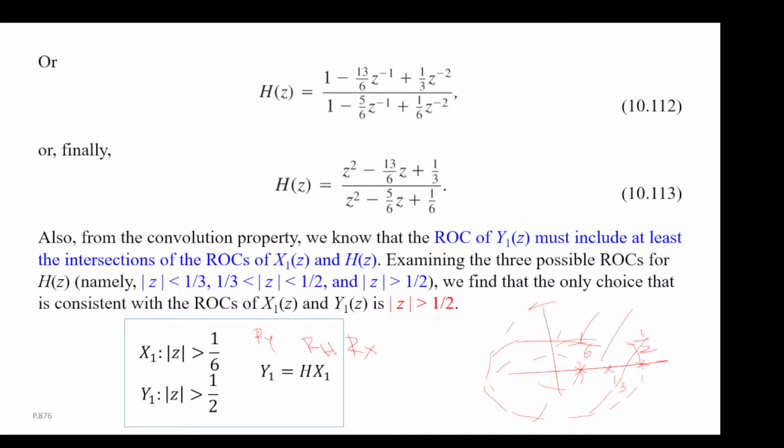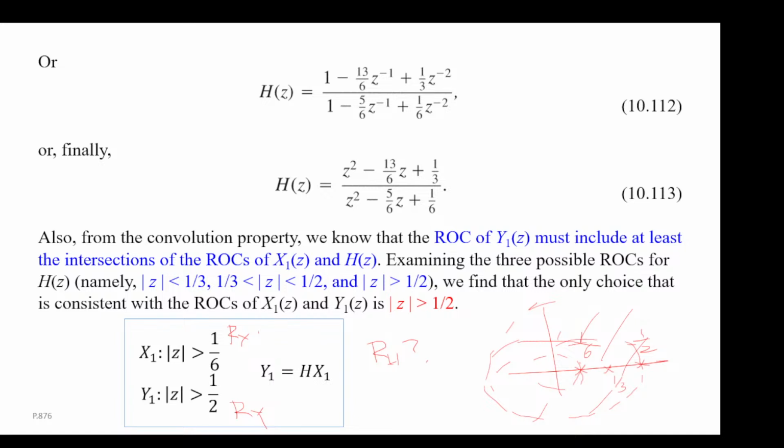Okay, and so now you think about the intersection between R sub h and R sub x. Let's draw this a bit better like this. This thing is R sub x, and this thing is R sub y, and then we have R sub h, question mark.